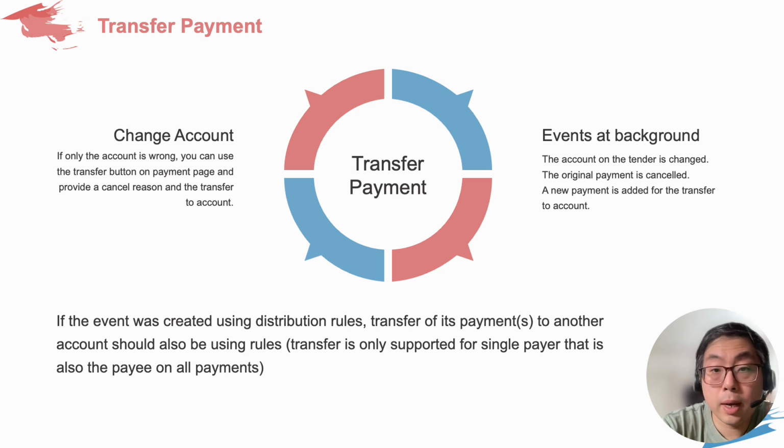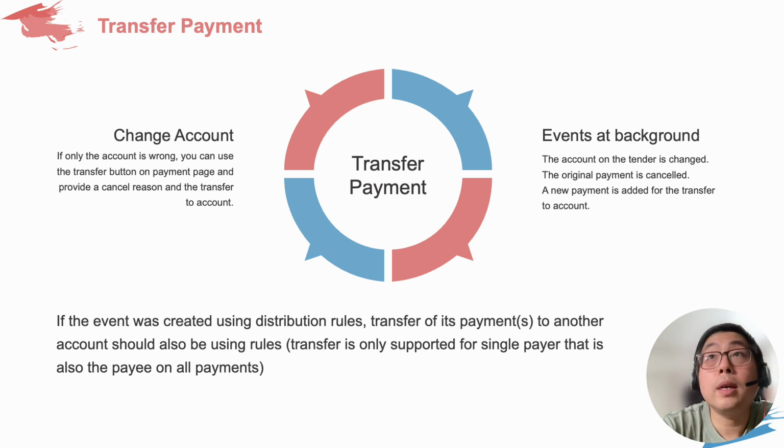The account ID will be changed on the payment, and if the account on the tender is changed, the original payment is cancelled. A new payment is added for the transfer to the new account.